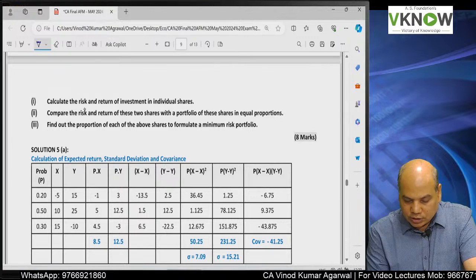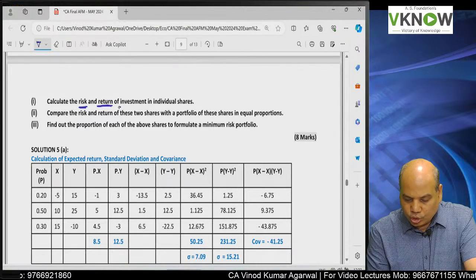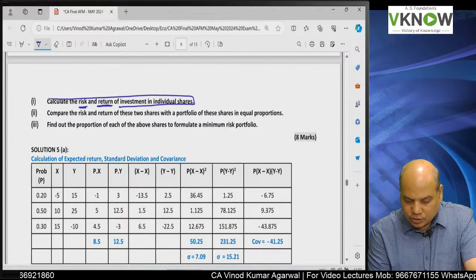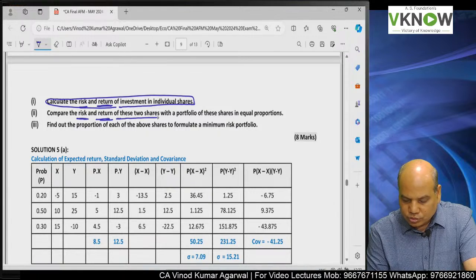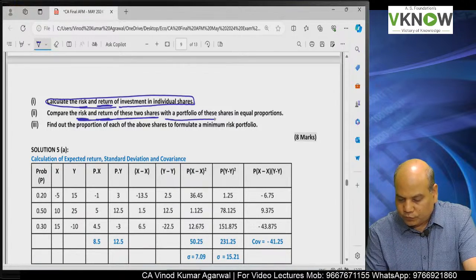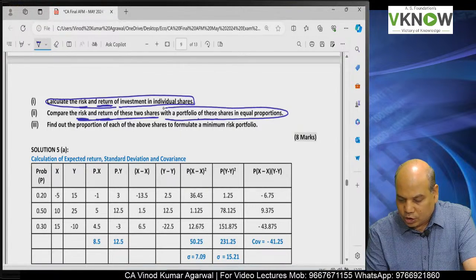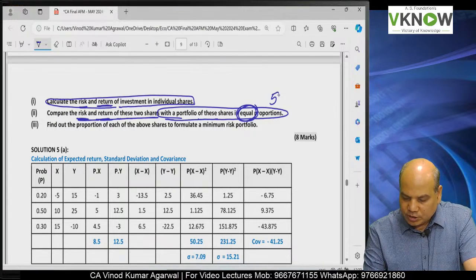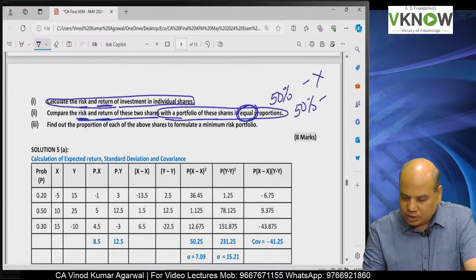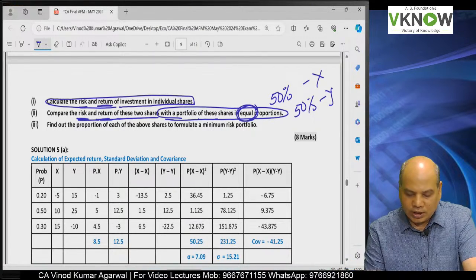Compute risk and return of investment in individual share. Very easy. Compare the risk and return of these two shares with a portfolio of these shares in equal proportion. So 50% in X and 50% in Y.